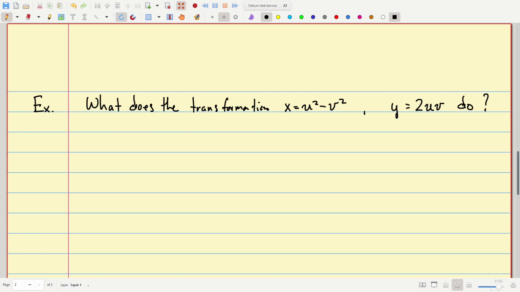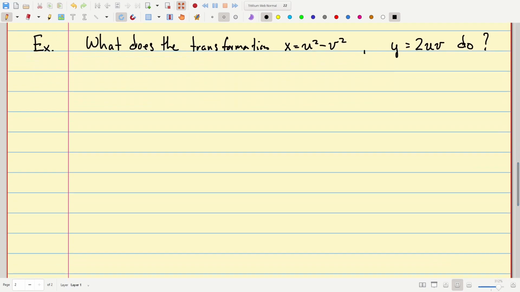Okay. So let's take this example here. We're going to have a square. All right. So u and v are both on the closed unit intervals.